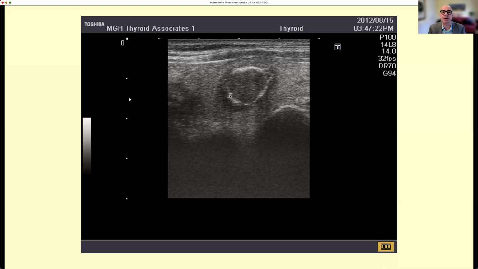There is shadowing here, and sometimes you can think that there might be some extension outside the calcification. When they're discontinuous, they have a relatively high risk of malignancy, as opposed to when they're continuous, which is a lower risk for malignancy.